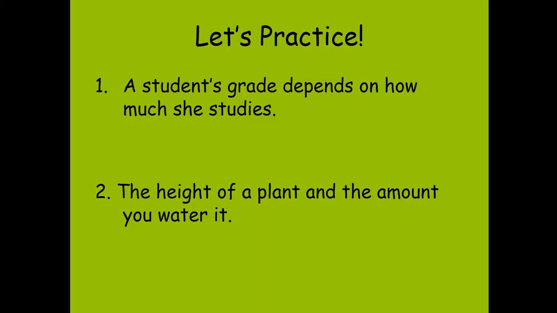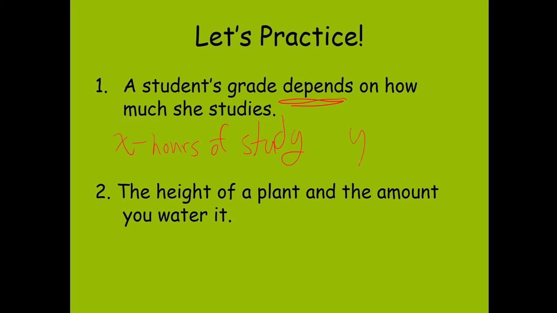All right, let's practice. A student's grade depends on how much she studied, right? So our independent is going to be x, let's say hours of study. So hopefully you study a couple of hours a week.